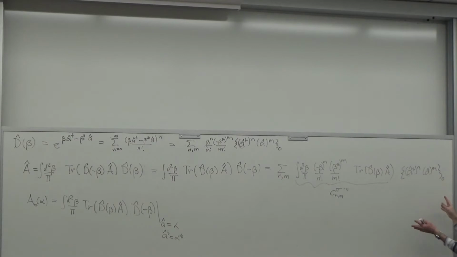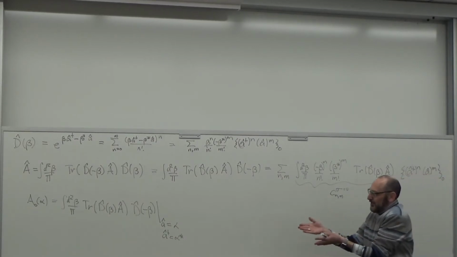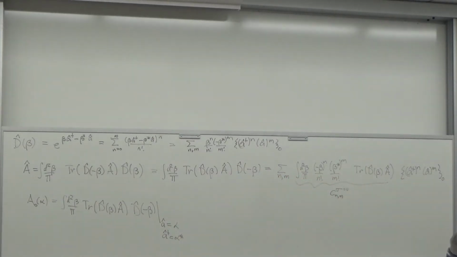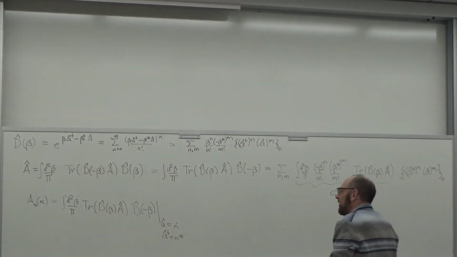But in this case, I redo that sum and I get back the exponential that I had before, but now with A equals alpha and A dagger equals alpha star.